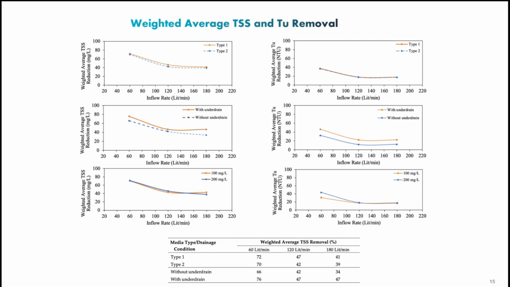The third one on the left is showing the effectiveness of the system with regard to 100 milligram or 200 milligram sediment loading. And the system performed almost the same, meaning that regardless of the sediment loading, the soil would perform almost the same.